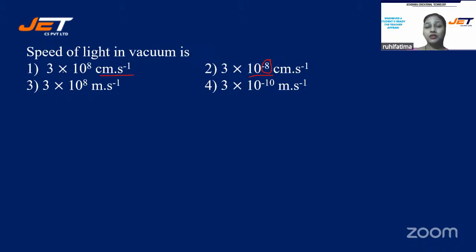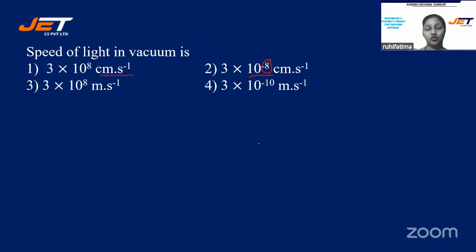First option is 3 into 10 to the power 8 centimeter per second. Second option is 3 into 10 to the power minus 8 centimeter per second. Unit is same. Digits are almost same. The difference is only in the power. Again, third option 3 into 10 to the power 8 meter per second. And fourth option 3 into 10 to the power minus 8 meter per second. Again, unit is same. Powers are completely different.